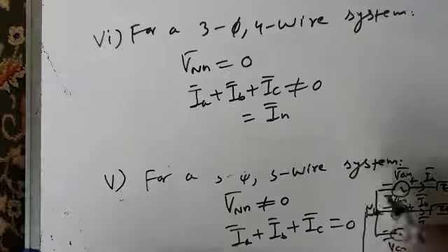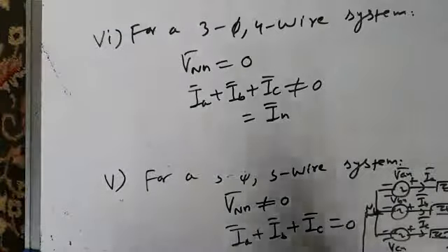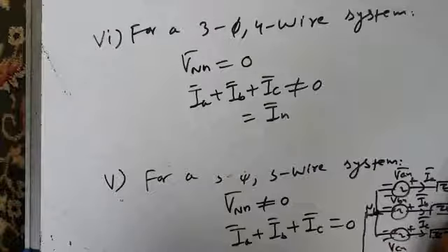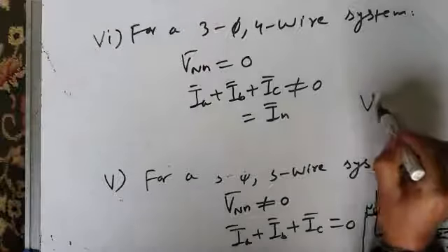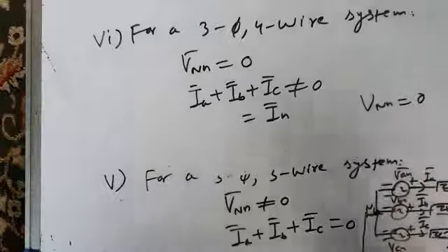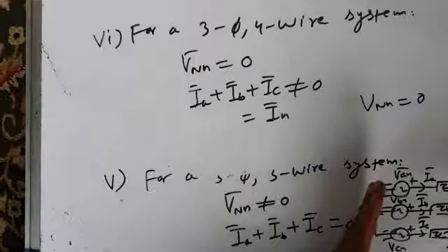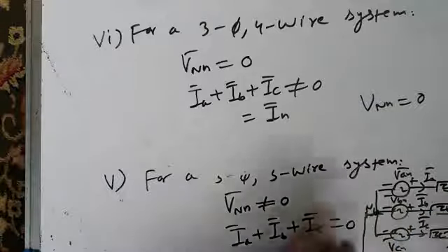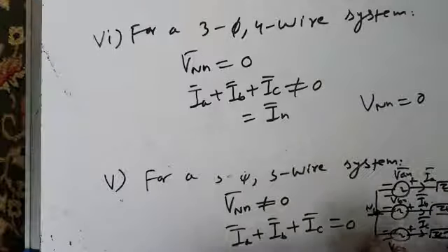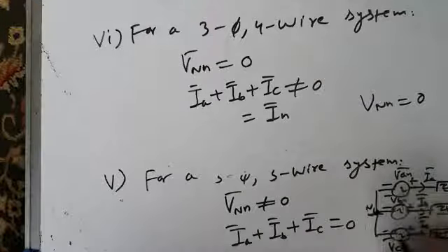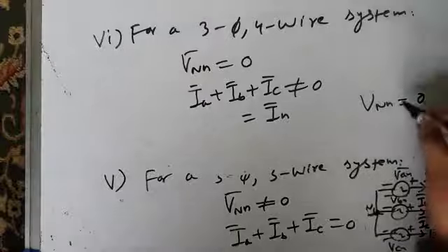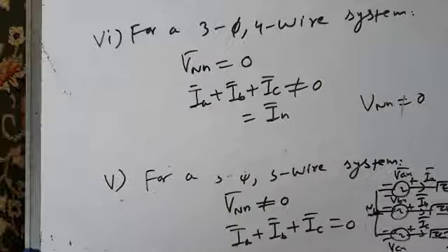So what is the conclusion? The summary is, number one, if source is balanced and load is also balanced, then neutral to neutral voltage, we have already found, is equal to 0, whether it is a three-phase, three-wire system or a three-phase, four-wire system. After that, if you consider a three-phase, three-wire system, if source voltages are balanced but load impedance is unbalanced, then neutral to neutral voltage is not 0.